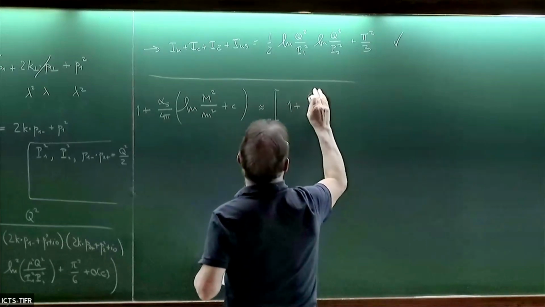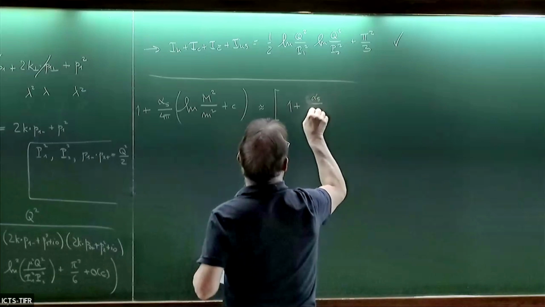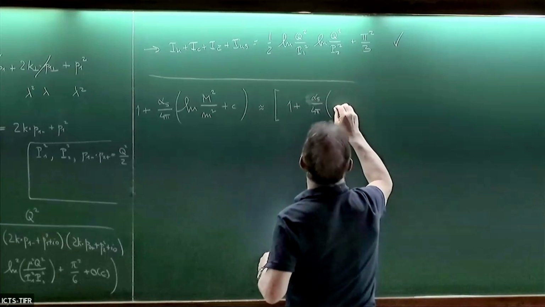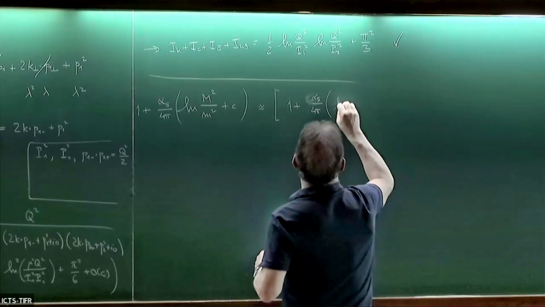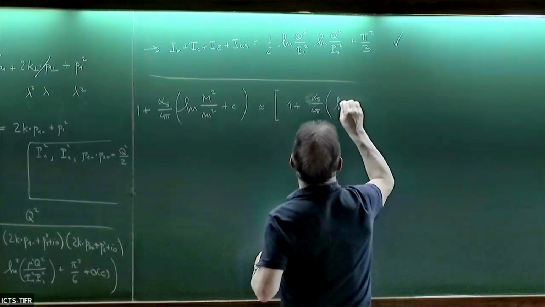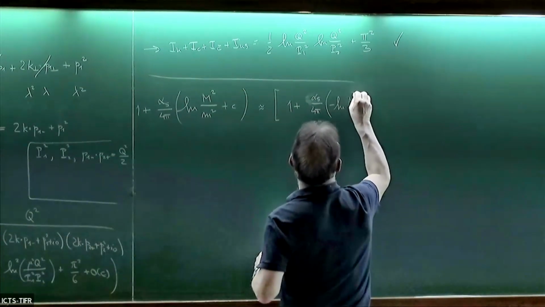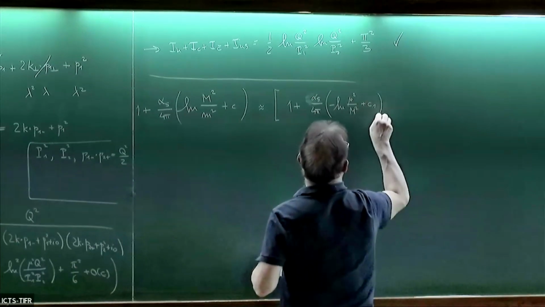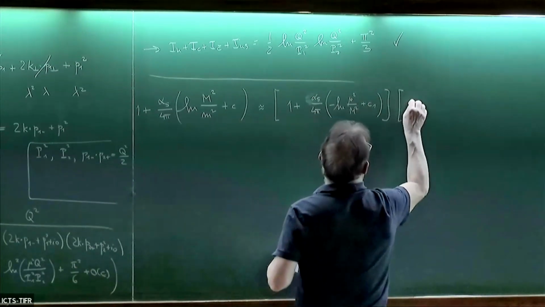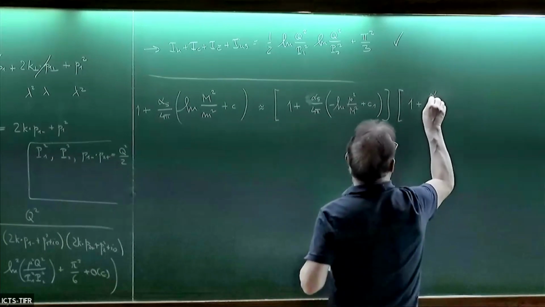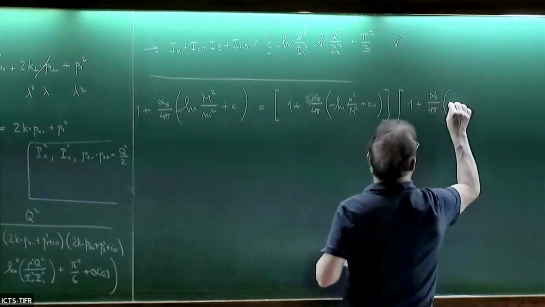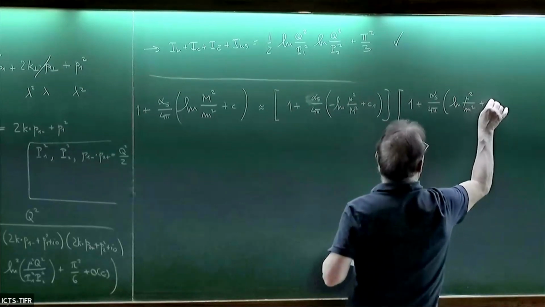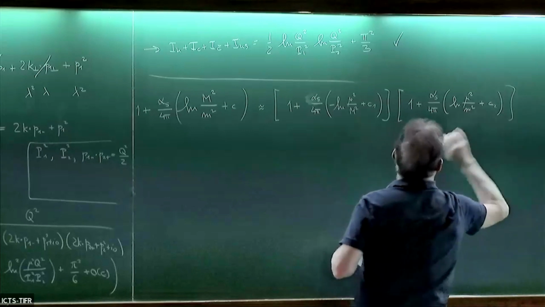We write it as alpha over 4 pi. I'm leaving out coefficients here, of course. And now we could write this as log of minus log of mu square over m square plus some constant c1 times 1 plus alpha over 4 pi log of mu square over little m square plus another constant, right?